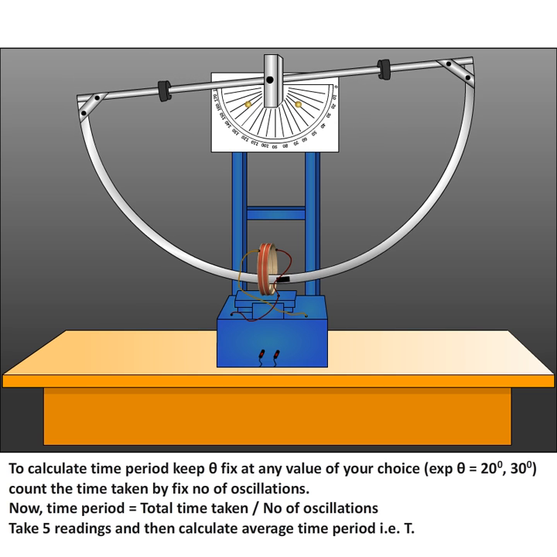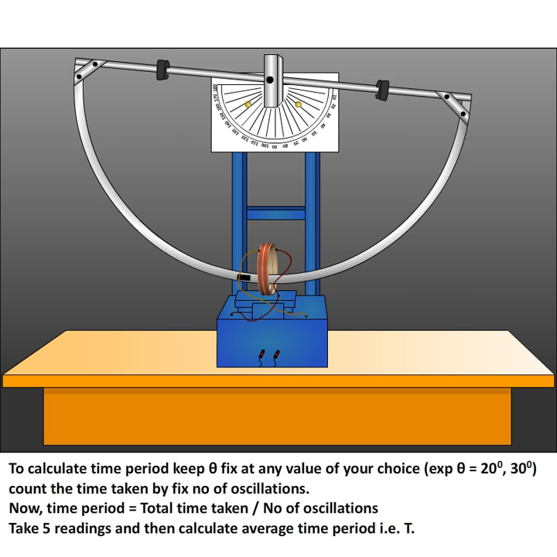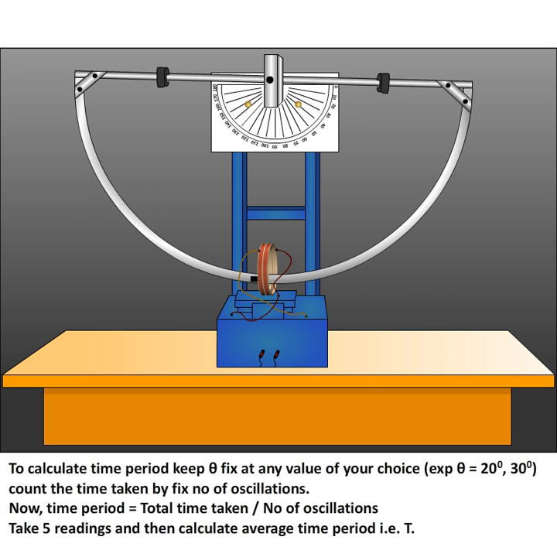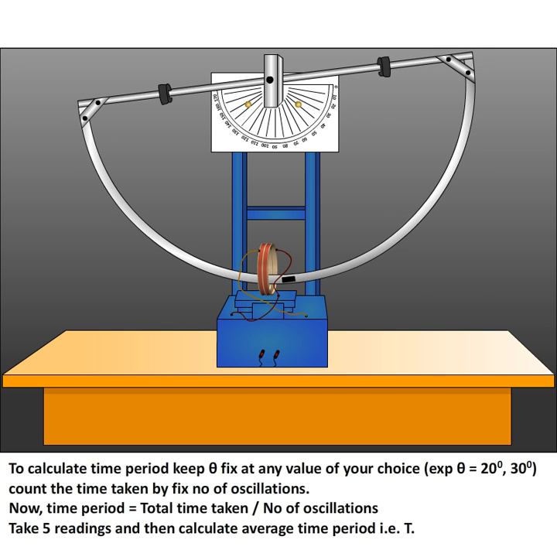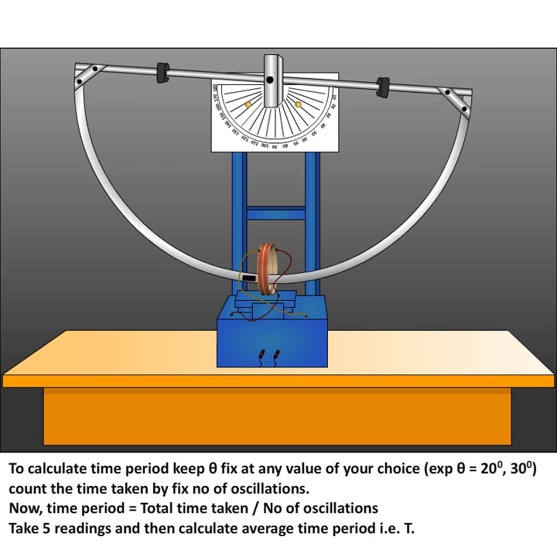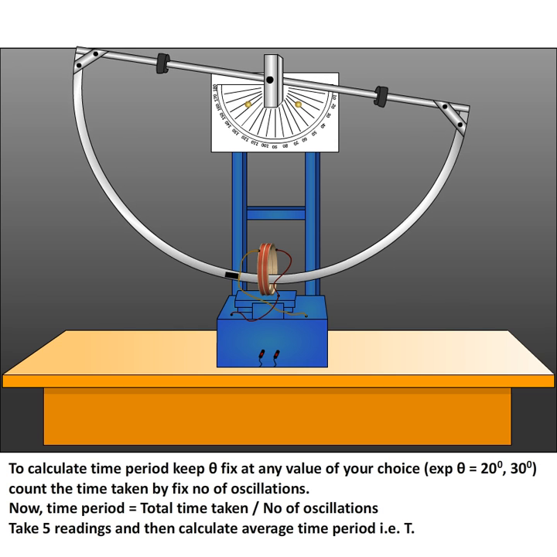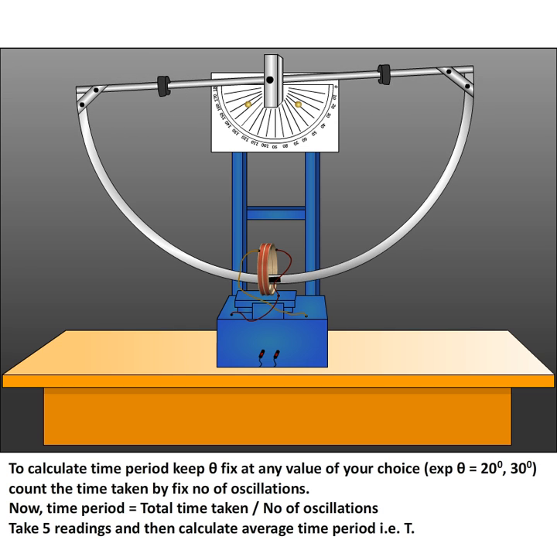First, we have to calculate the time period, which is required to calculate the maximum velocity. To calculate the time period, we first give oscillations to the wheel with a fixed value of theta and count the time required to complete 5, 10, 15 oscillations.